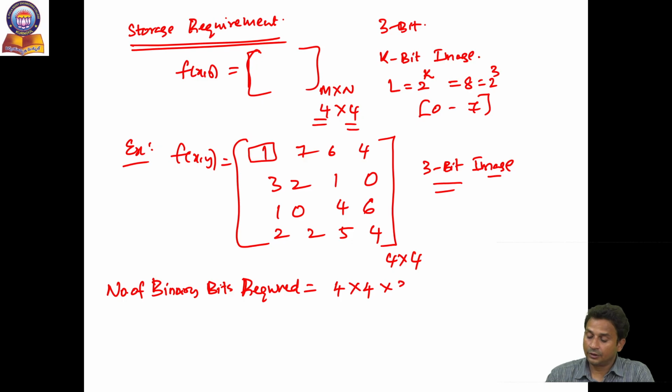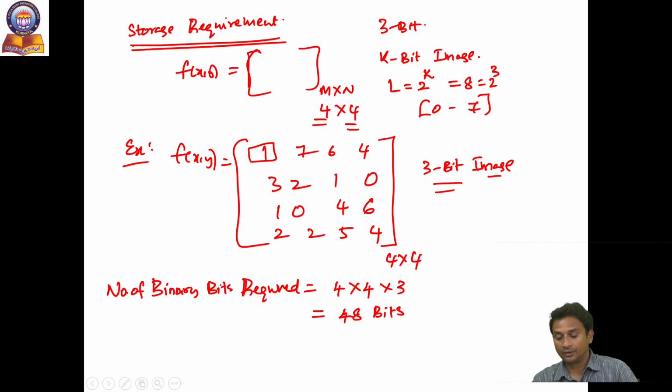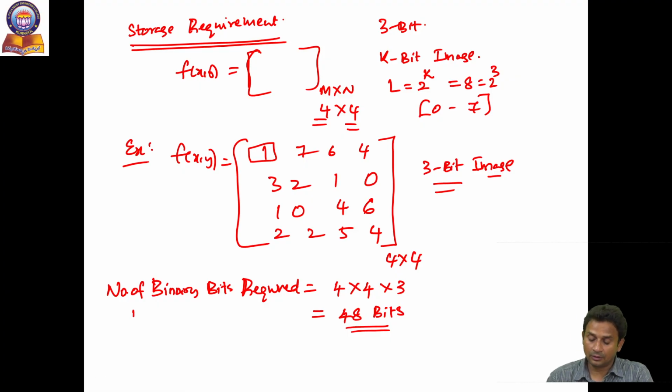So 4 into 4 into 3, 48 bits are required to store this 4 by 4 3-bit image in the computer, or 48 bits of memory are required to store this image. So the number of binary bits required is also called the memory requirement.